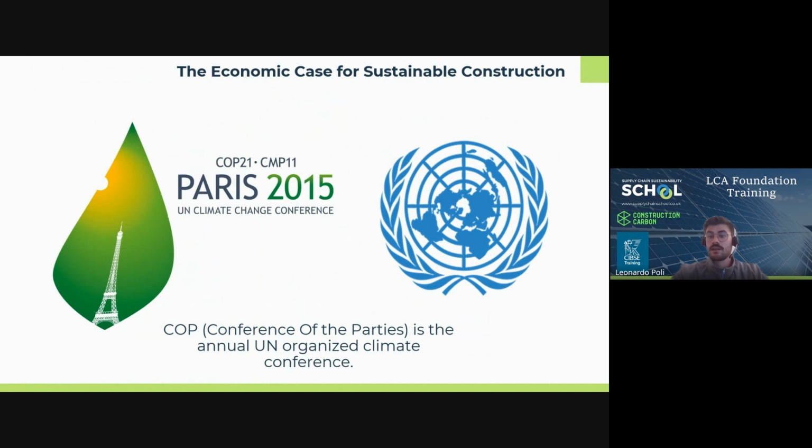To achieve this means that stakeholders in all sectors of the global economy will need to significantly reduce carbon emissions to ensure a transfer to a low carbon economy. A number of national governments are already implementing legislation to ensure that Paris commitments are met.